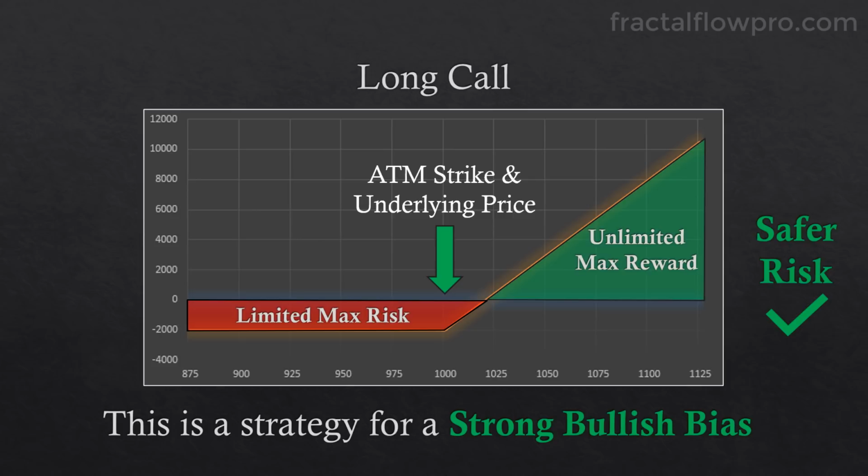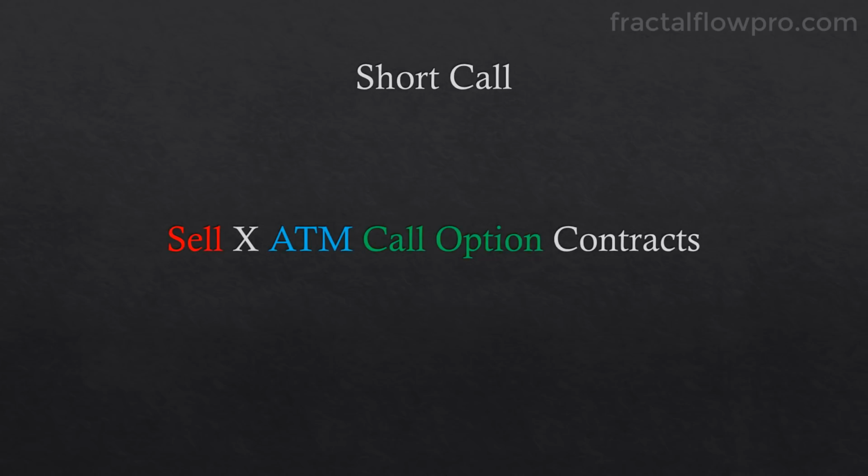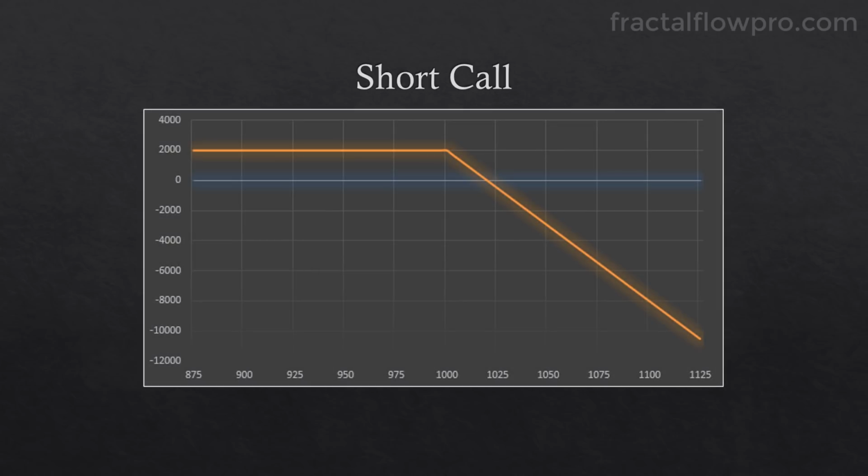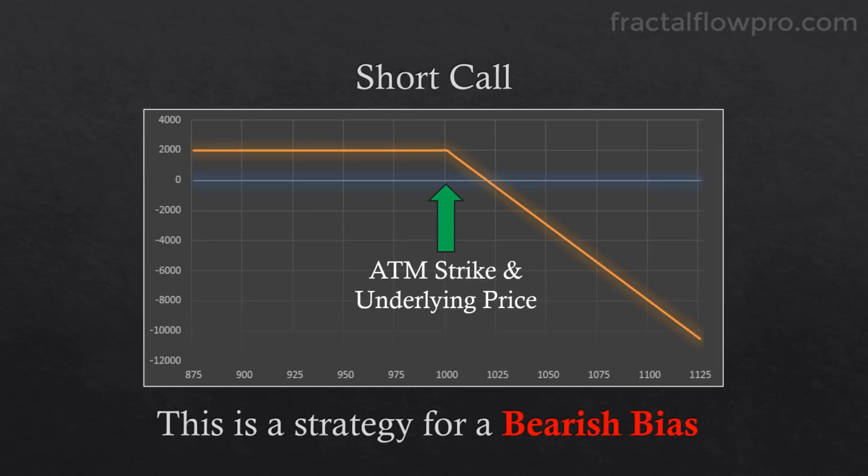Next in line, we have the short call strategy, which consists in selling an X number of at-the-money call option contracts. We have already observed the payoff chart of shorting a call option previously. The inflection point between the two straight lines is determined by the strike price of the call option contract. In the strategy, the trader makes money if the underlying stock price is below the strike price at expiration.